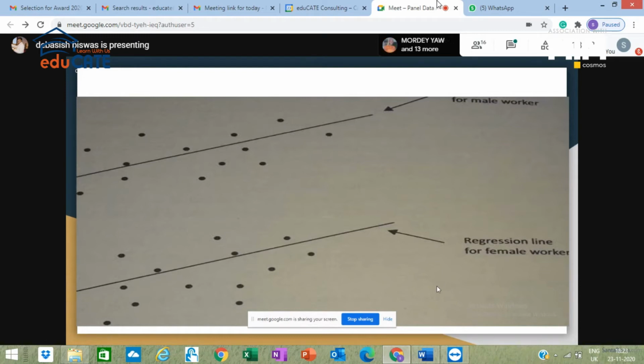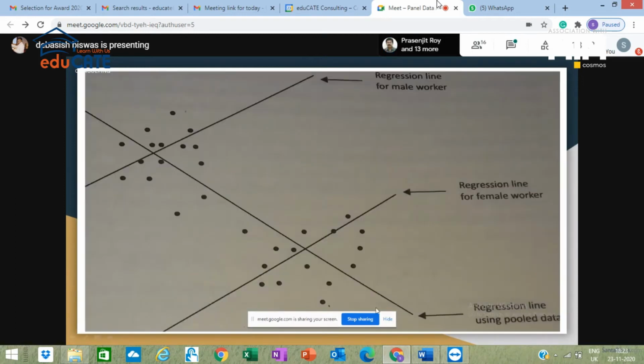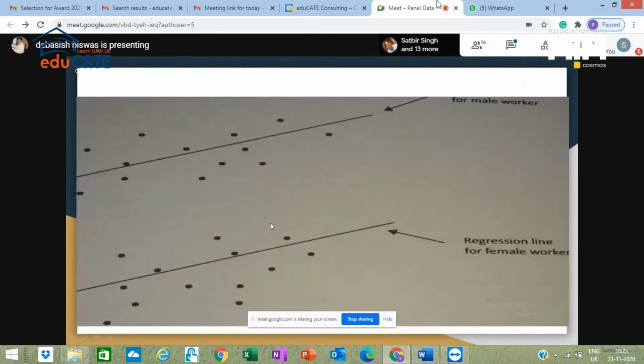Is it clear? Yes, sir. So the complete picture I have not incorporated, that's why it is not visible. One side is visible. So I'm just explaining so that you can understand.